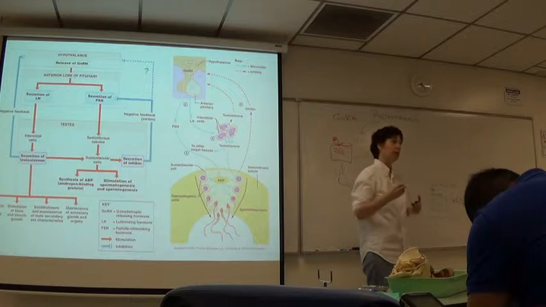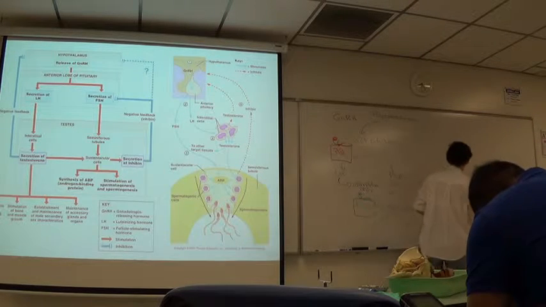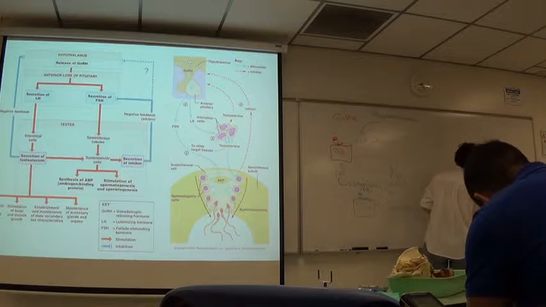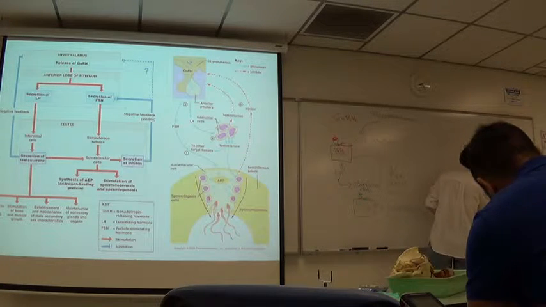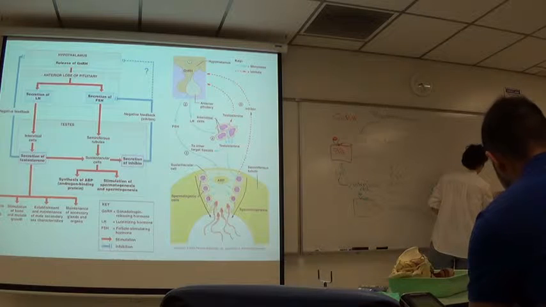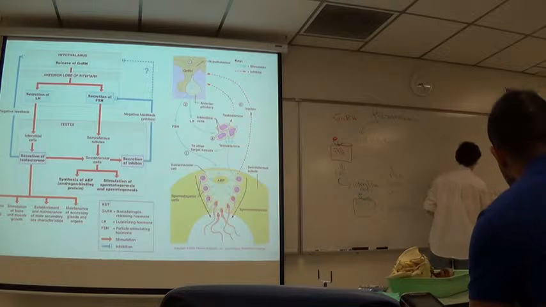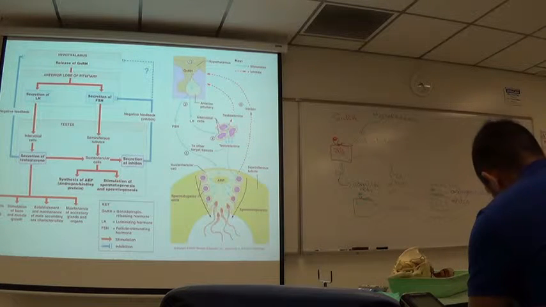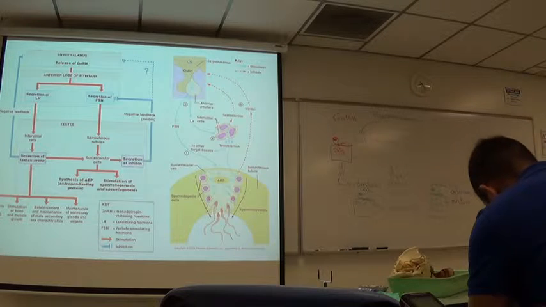The Sertoli cells make two molecules, inhibin and androgen binding protein. Androgen binding protein works right there at the Sertoli cells, and it binds testosterone and increases the concentration of testosterone at the Sertoli cells.